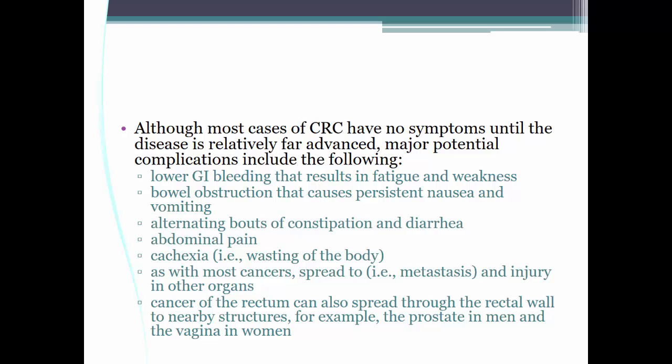And of course, depending on the metastasis, also the symptoms related to the organ that has been involved. It could spread to the vagina, to the prostate, giving dyspareunia, and bleeding with defecation, hemorrhoids, even tenesmus.